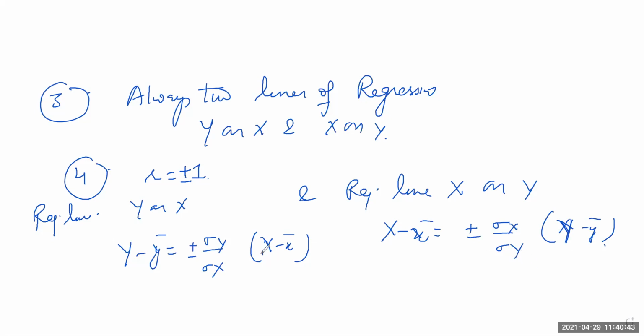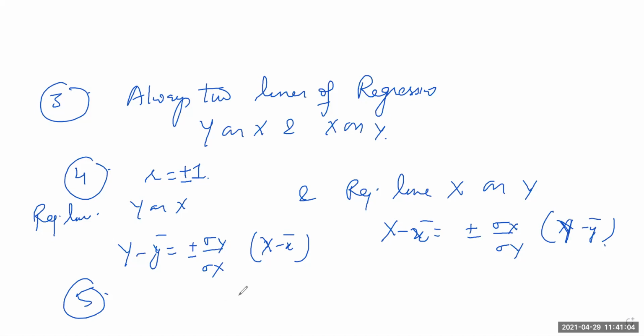So in this case, next, number 5. The angle we have already discussed: when two lines intersect, they have an angle between them, one is acute and the other is obtuse, right?